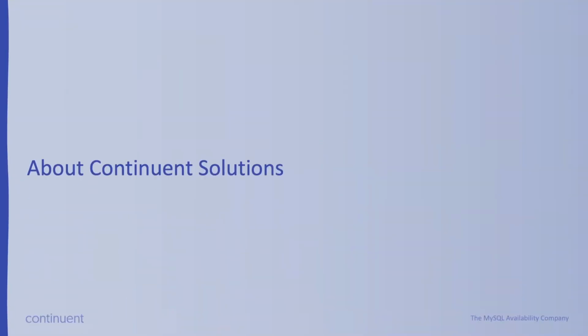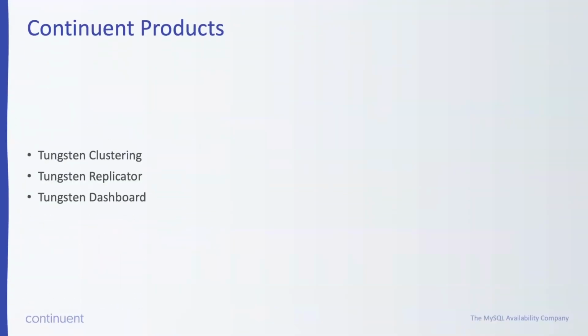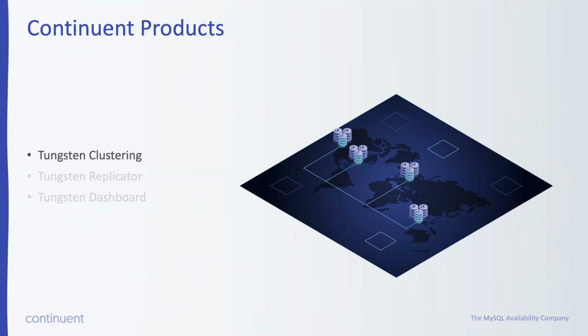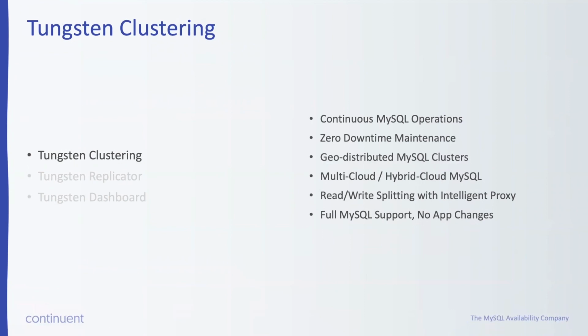So I've spoken about continuous solutions. Let's talk about our products just at a glance. We really have three main products: Tungsten Clustering, Replicator, and Dashboard. Tungsten Clustering, this is what we've talked about, right? Continuous MySQL operations, zero downtime maintenance.